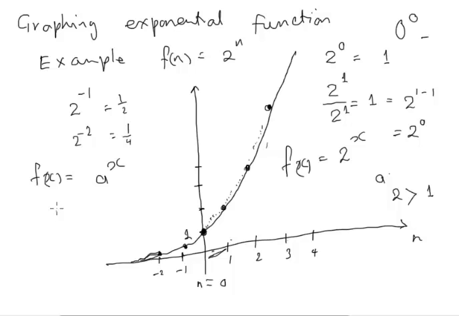Now we said we're going to deal with a between 0 and 1, because 0 also is not going to be interesting. Isn't it? So we now stick to this region.